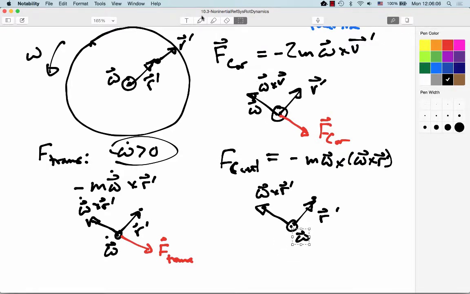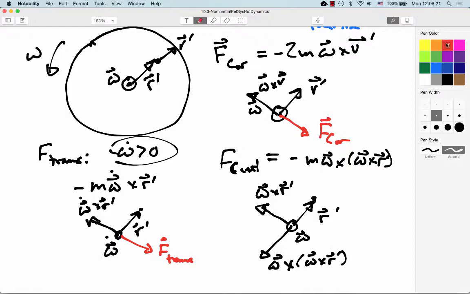And then omega cross omega cross r prime will be pointing in, but the force is the negative of that, so it points out.